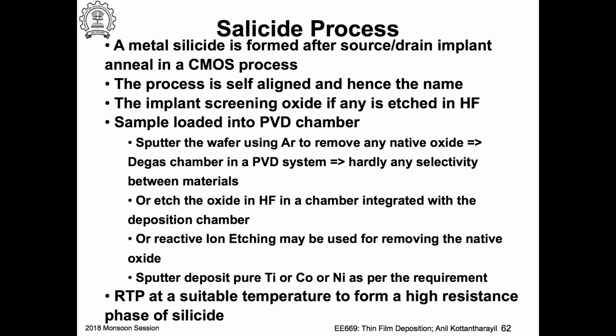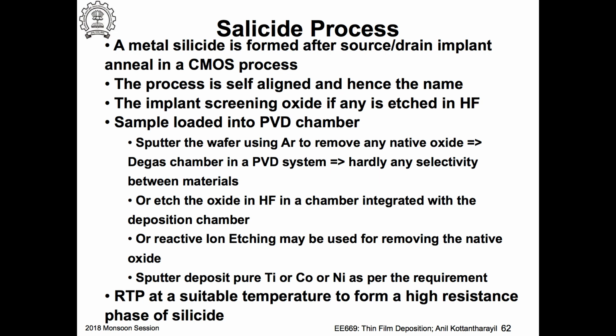The other possibility is to etch this oxide using HF, which is selective. It will etch only the oxide. But since you're talking about an ultra thin oxide, these days people try to integrate this with a deposition chamber.